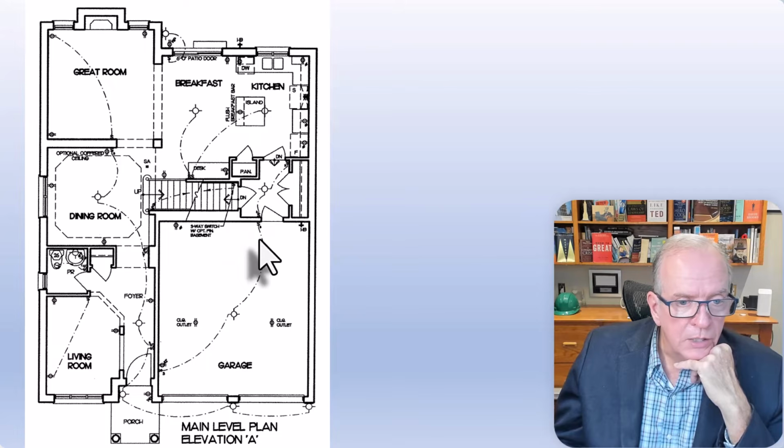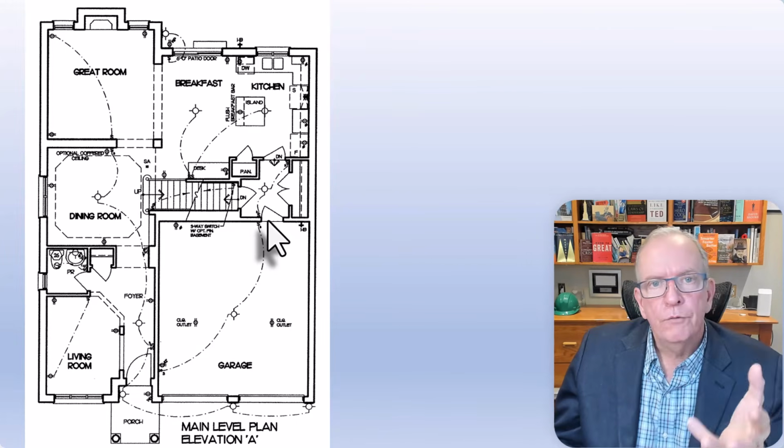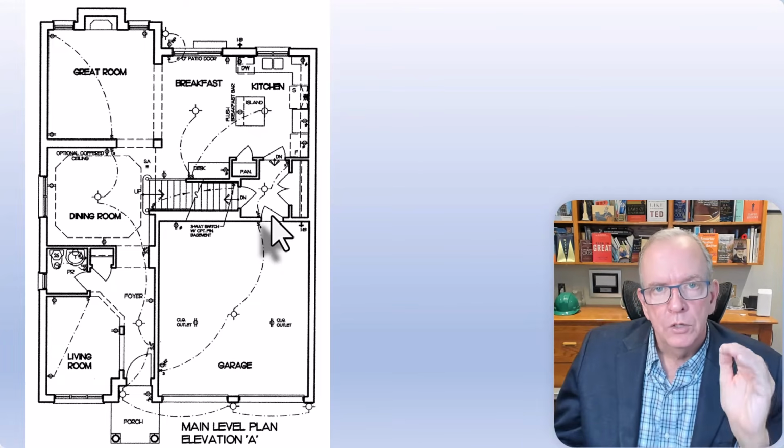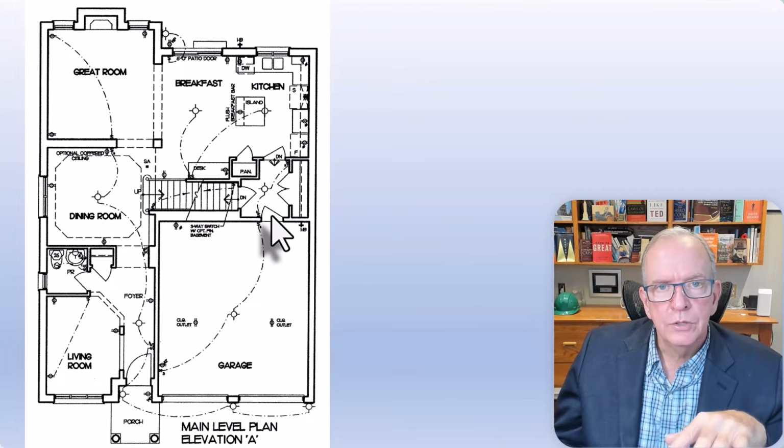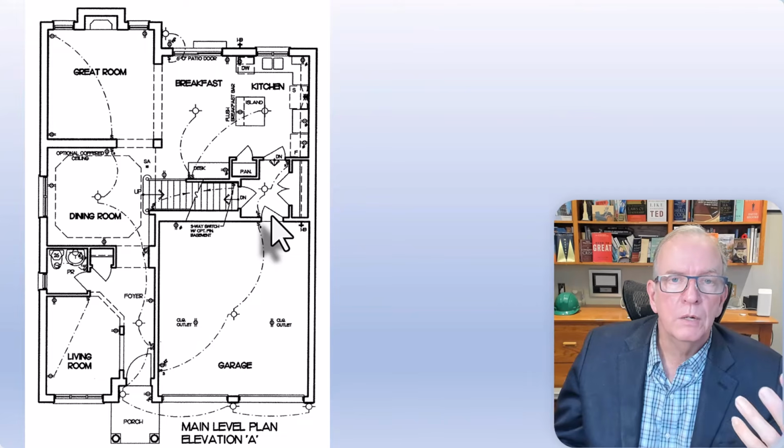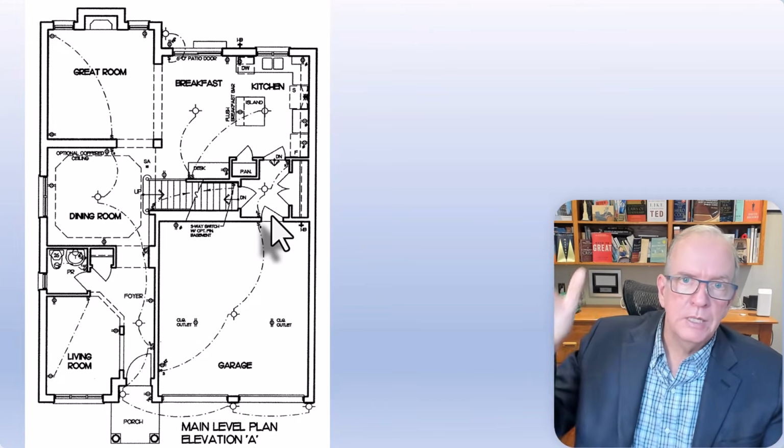You also notice here, if you zoomed in, it'd say S3 and S3. Well, that just means it's a three-way switch. So you could basically enter here, turn the light on, and then you could go out this door and turn the light off. You'll find that at the bottom of the stairs, you can turn the light on. At the top of the stairs, you can turn the light off. That would be building code requirements so that people can see where they're walking.